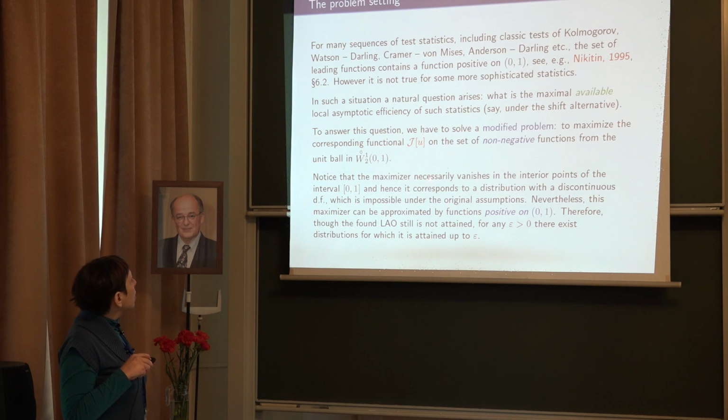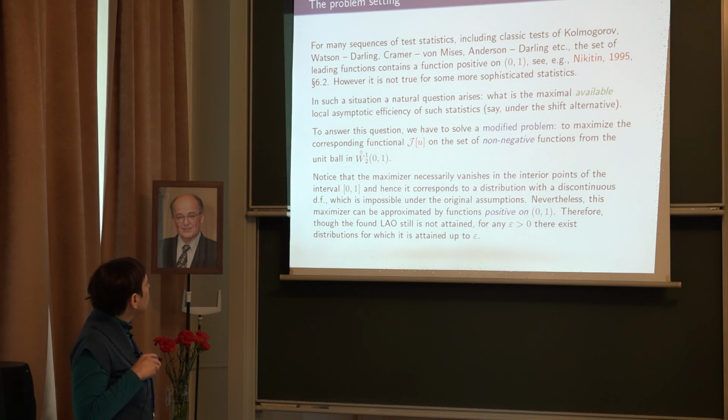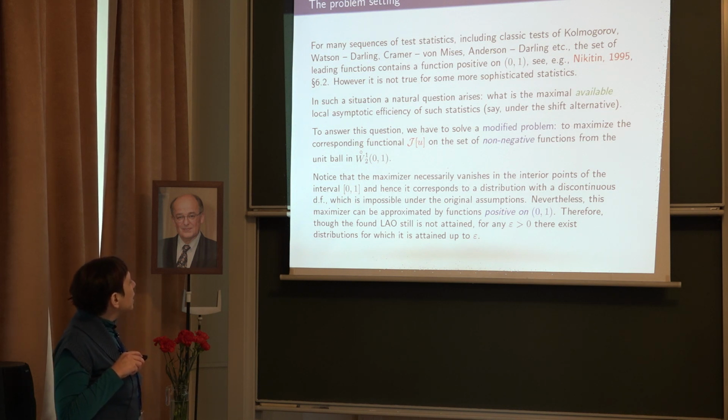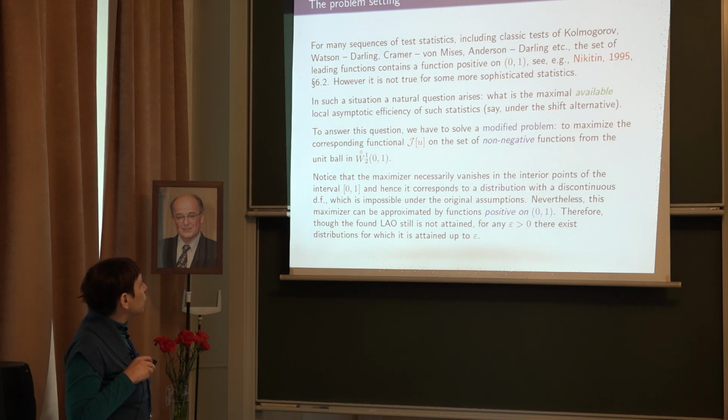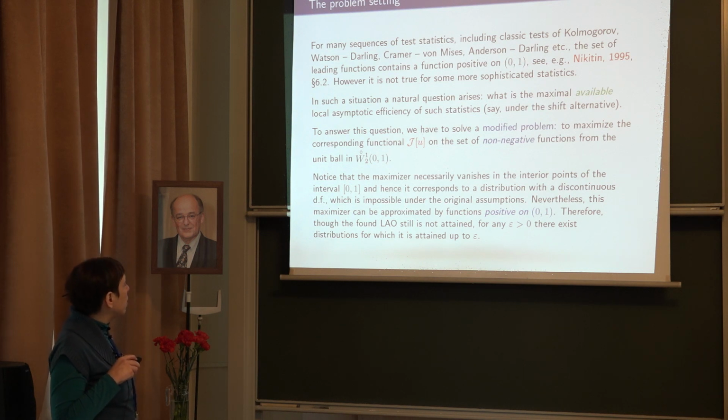Notice that the maximizing function turns 0 in some interior points of the interval 0, 1, and hence it doesn't lead to a distribution with a continuous distribution function. And from the original assumptions in the problem, we suppose that we need a continuous distribution function.